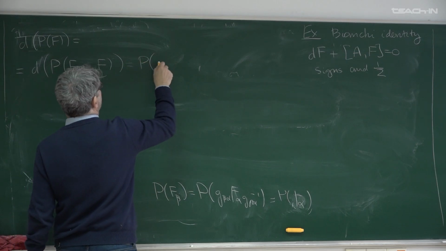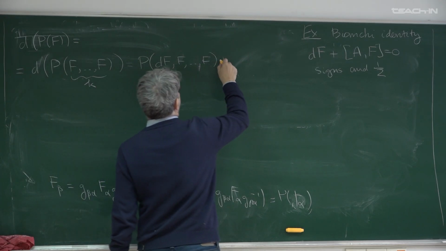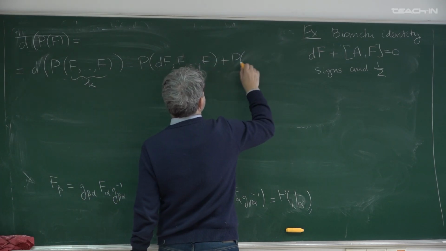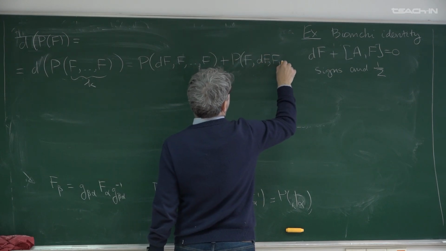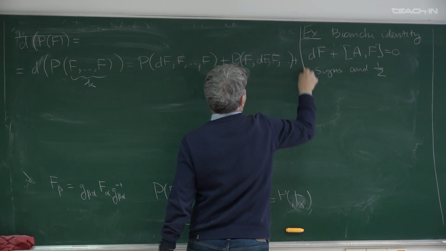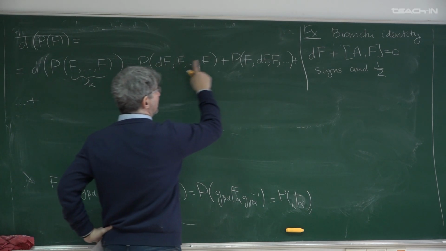So I write something like this: dF, then plus. I guess some people in this room are familiar with homological algebra. Are you happy with these two summands?